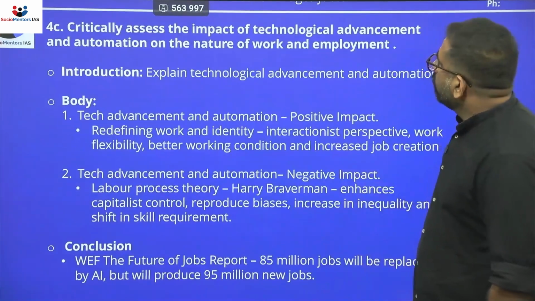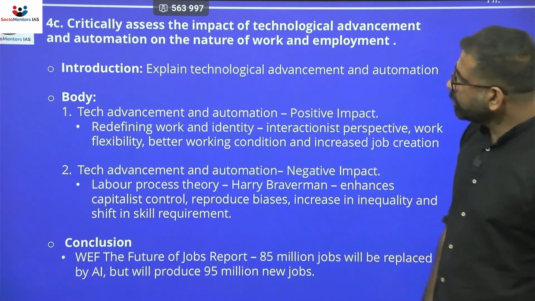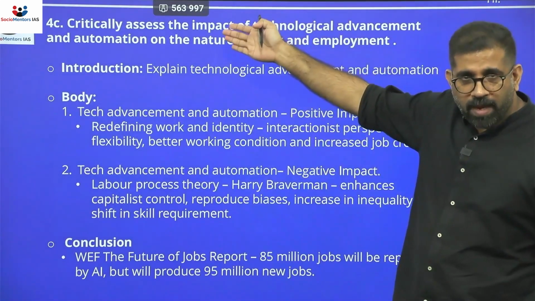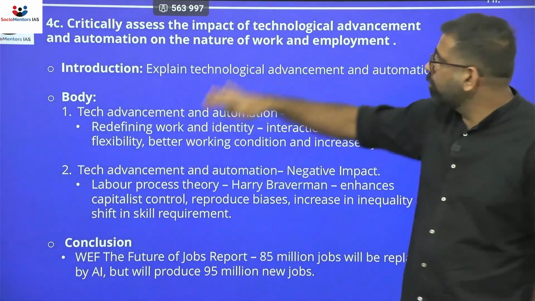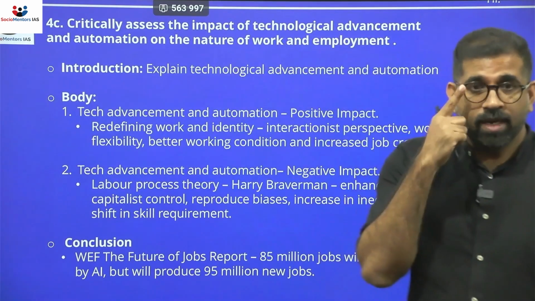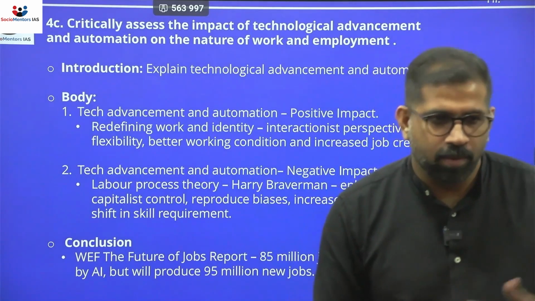Critically assess the impact of technological advancement and automation on nature of work and employment. Now here you have to write the positive impact and the negative impact of technological advancement and automation. See, technological advancement and automation, you cannot separate, because it is an overlapping concept.